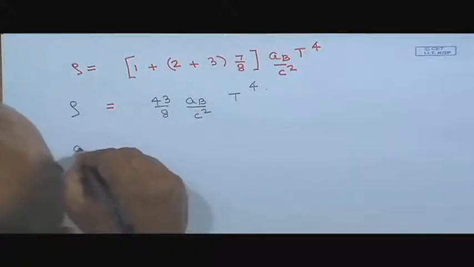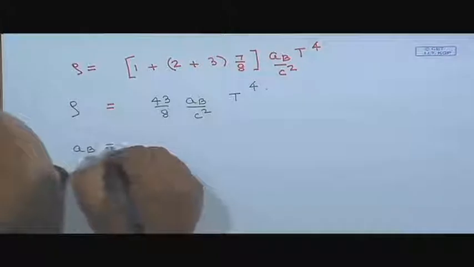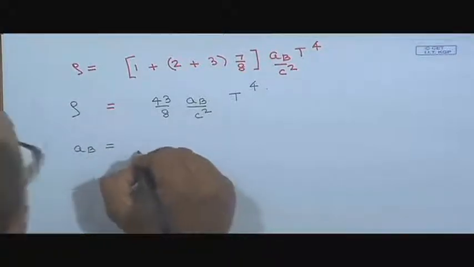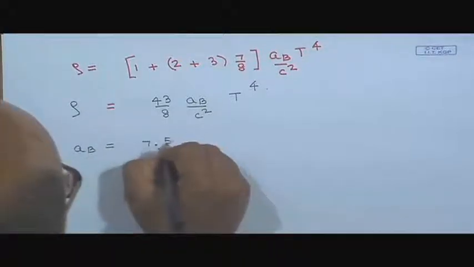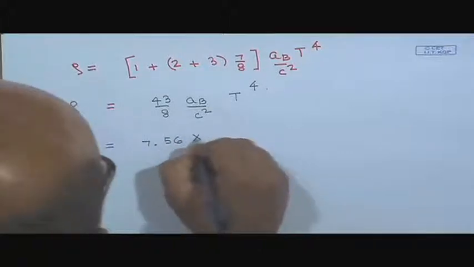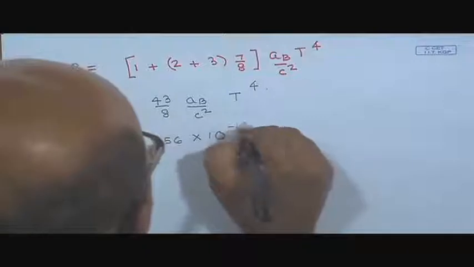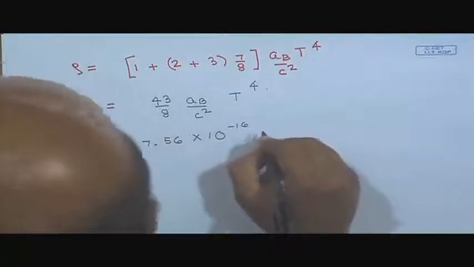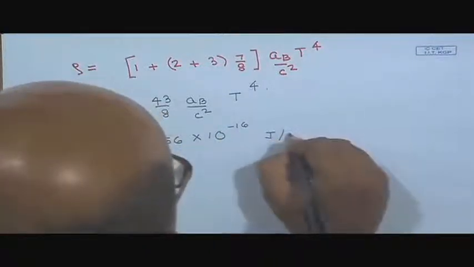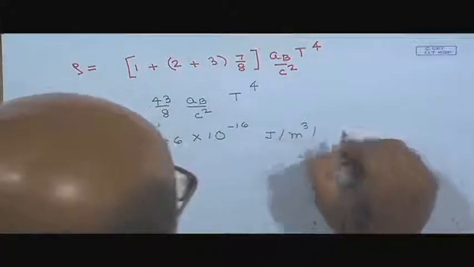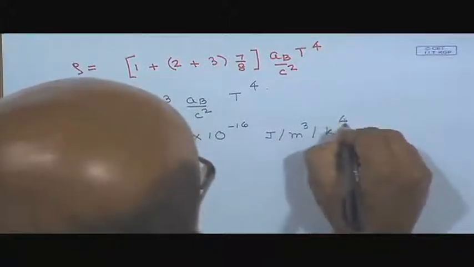The Stefan-Boltzmann constant a_B has a value 7.56 times 10 to the power minus 16 joules per meter cube per Kelvin to the power 4.